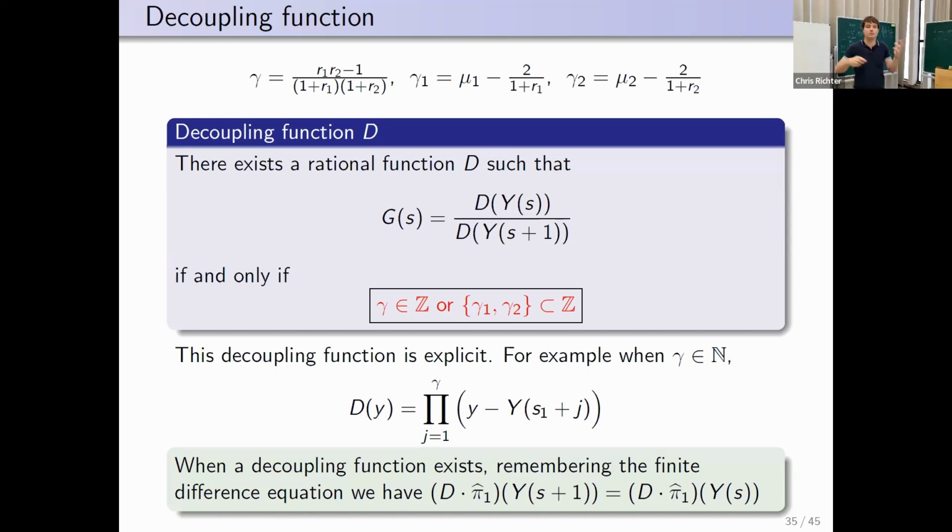It's not a big theory here. You write it and you get this. And so you can make d explicit. For example, if gamma is a positive integer, this is a polynomial for some s1. This is the polynomial which has degree gamma. Okay, that's why gamma also intervenes in the degree. So this is how these gamma parameters appear.